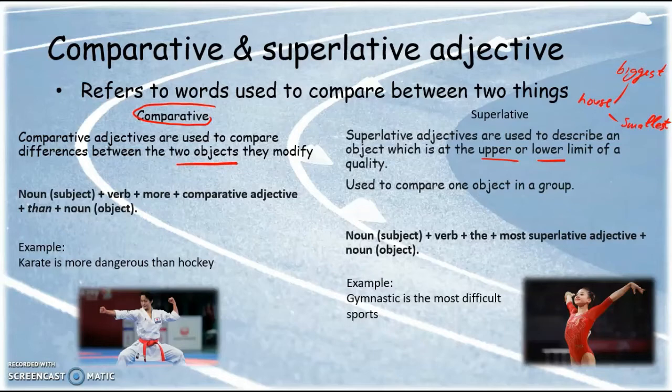And the second difference between comparative and superlative is that a superlative adjective is used to compare one object in a group. We take this example: gymnastics is the most difficult sport. It is used to compare one object, which is gymnastics, with other sports in the world.